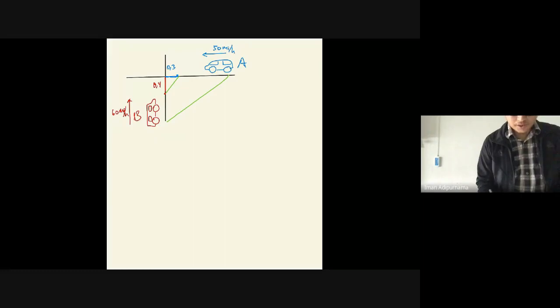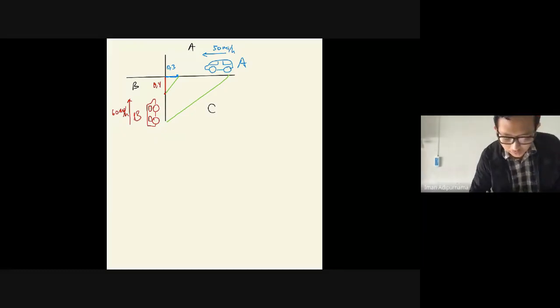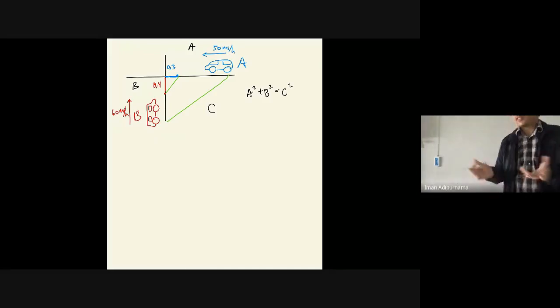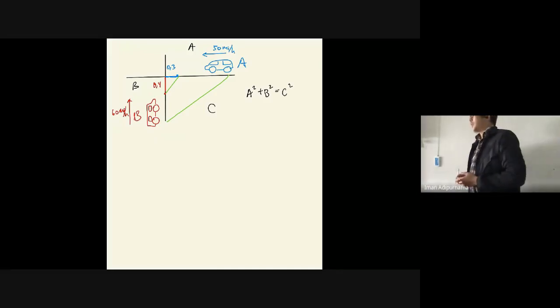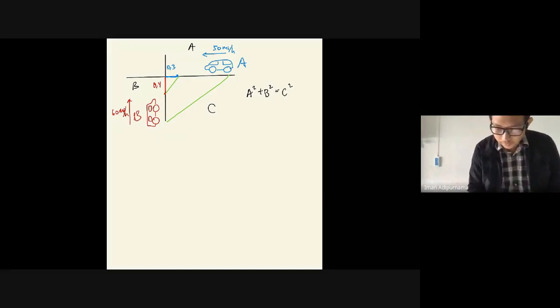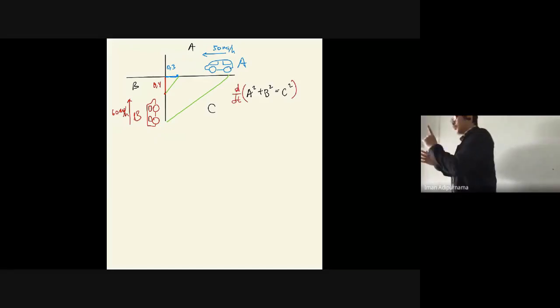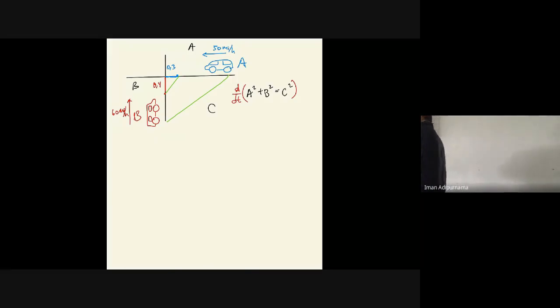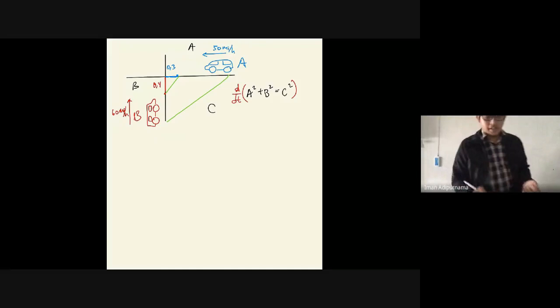If this is A, B, let me write this C. So A squared plus B squared is C squared. That's the formula that we can relate from this picture. Let's just derive this formula. Whenever you find at least one formula, and you are sure that this is the formula, just derive through d/dt and see the form.